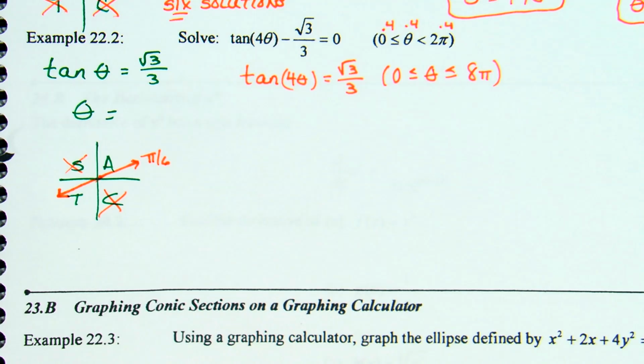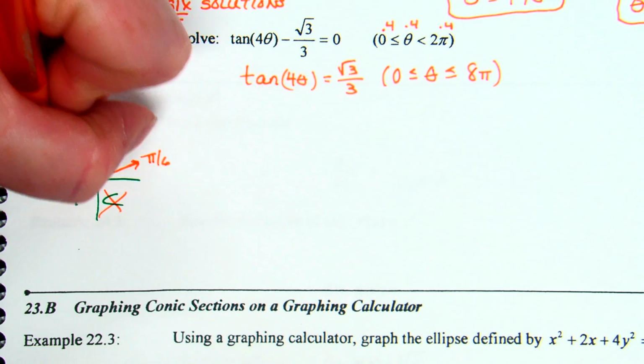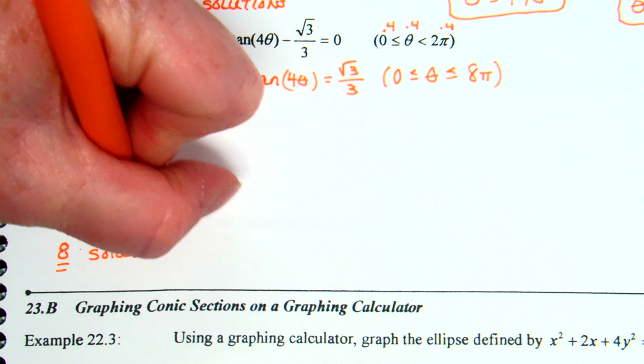Because it's pi over 6 past pi, right? Pi is 6 pi over 6, plus another pi over 6 is 7 pi over 6. And you guys already mentioned that we're going to have 8 solutions then, right? Because we had 2 solutions, and we're going 4 times around the circle. So theta is pi over 6 and 7 pi over 6.